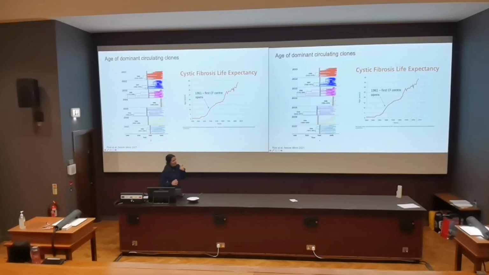And when you look at the history of treatment of people with cystic fibrosis, you actually see a rapid increase in life expectancy around the 1960s, and it actually corresponded to the first cystic fibrosis specialist treatment centres being opened in the UK and the US.